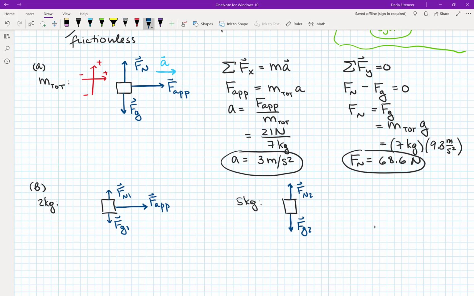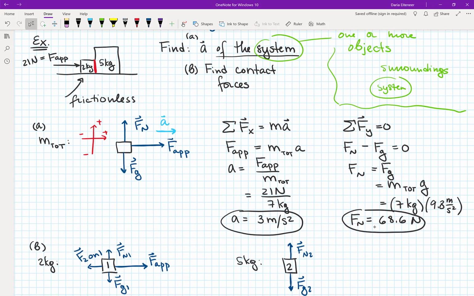And finally, there is also this force. So if I'm numbering these objects 1 and 2, I'm going to label this force as F2 on 1. So object 2, box 2, is pushing backwards on object 1, right? Remember action-reaction? Okay, so that's how I'm going to label it.